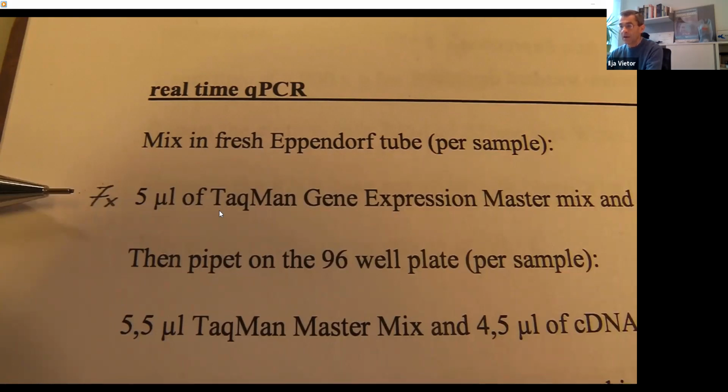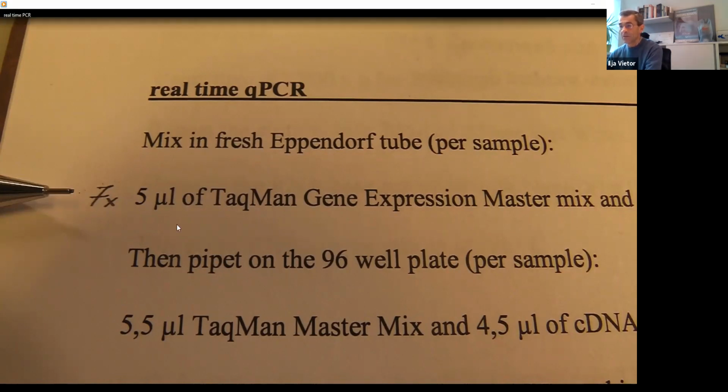One is the TaqMan detection of DLK1, and the second one is the detection of the housekeeping gene, which is GAPDH. And then we will normalize the results of DLK1 on the GAPDH in each sample and compare the differences in expression of DLK1 between wild type and T7 knockout MEFs.